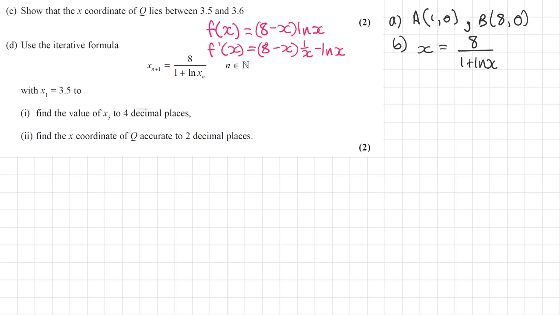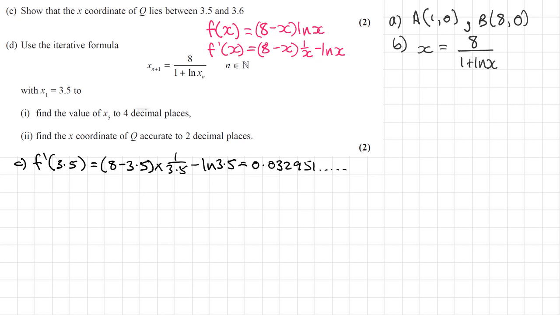So part C, f dash of 3.5, so that means that we do 8 minus 3.5 times by 1 over 3.5 minus log 3.5, and that gives me 0.032951 and so on.